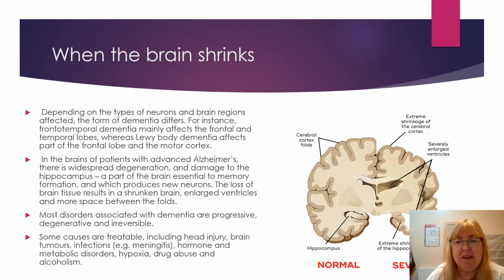So frontotemporal dementia, as I said, affects the front and temporal lobe. Lewy body dementia affects part of the frontal lobe here and the motor cortex. So with Lewy body, they definitely have some unusual gaits and stances and movements as well. But eventually the hippocampus gets affected and shrinks within all the brains.